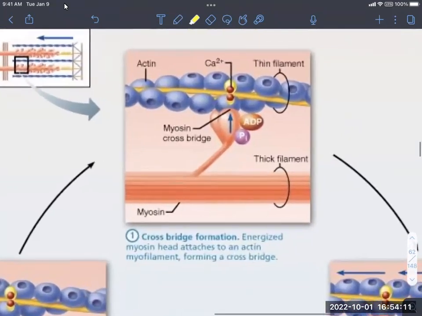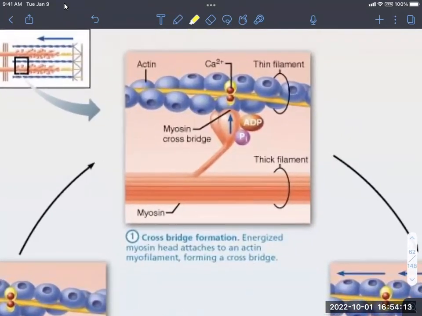So when these myosin heads and the thick filaments attach to the actin and the thin filaments, you can see these holes here. This is where that myosin head is going to attach. If you remember from chapter 2, when ATP gets hydrolyzed, it turns into ADP plus a phosphate group.